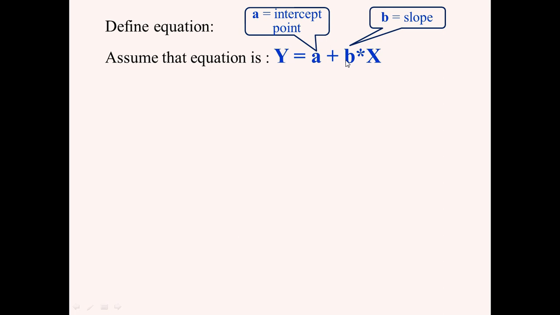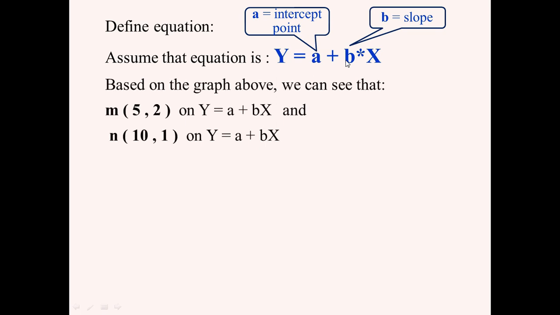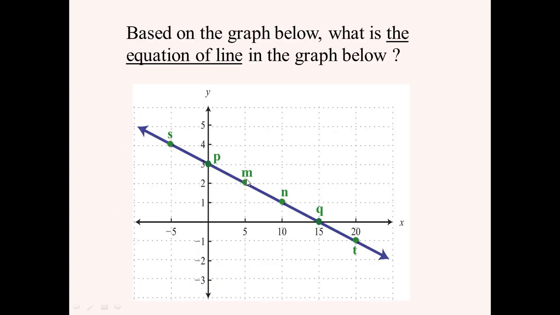That's why I take 2 points from the line, from the graph. There are many points there, but I take only 2 points. Suppose that I take point M and point N. You can take any 2 points, such as S and Q, S and P, S and M, S and N, S and T, or T and M, and the result is still the same.